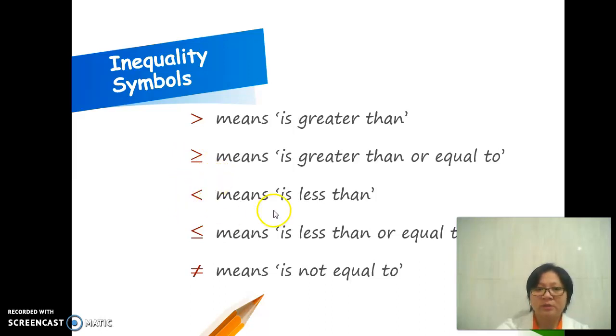The third symbol means it's less than. The fourth symbol means it's less than or equal to. As you can see, there's an additional line at the bottom. It means the inequality contains equality. And the last one, it's obvious, means it's not equal to. There's an equal sign and you cross the equal sign.